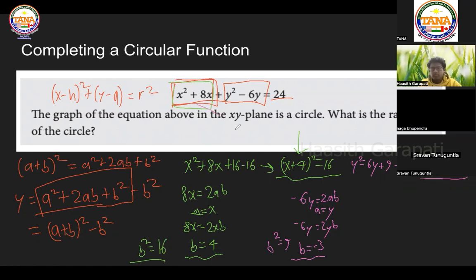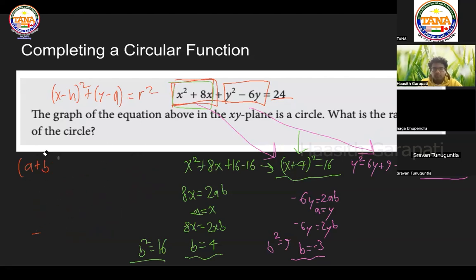So, okay, we took these two equations and we turned them into more circular function appropriate equations. So I'm just going to erase this red part over here so that we have some space to work with. We have these two parts over here, right? Let's add them all up. So x plus 4 squared minus 16 plus y minus 3 squared minus 9 is equal to 24.